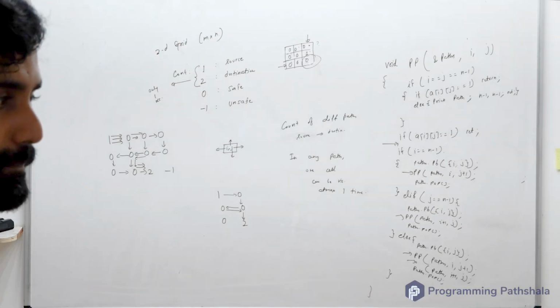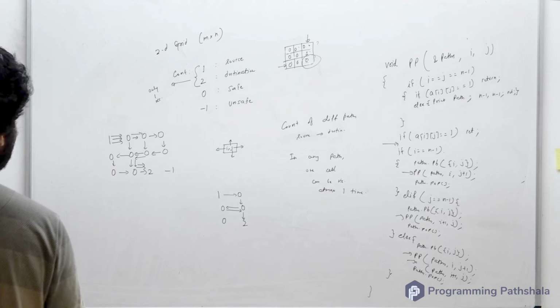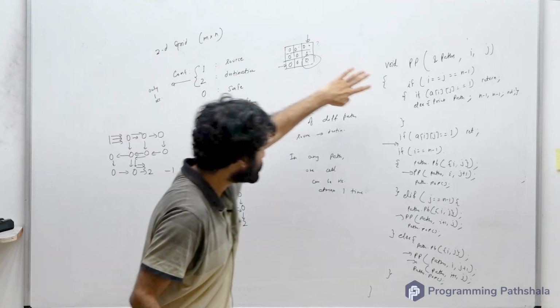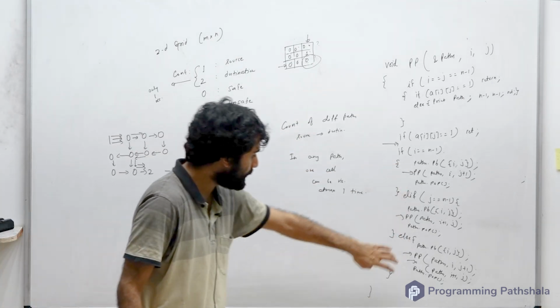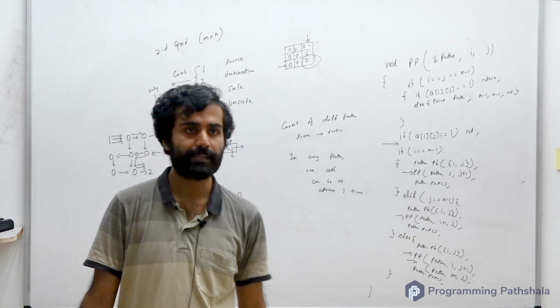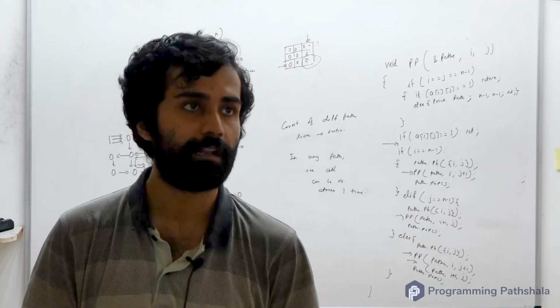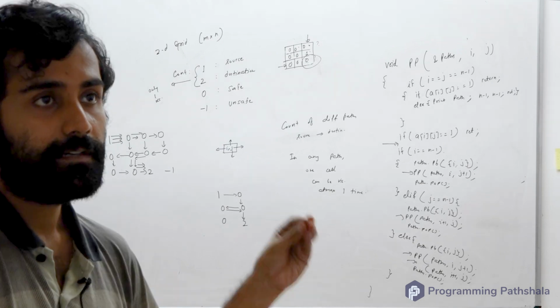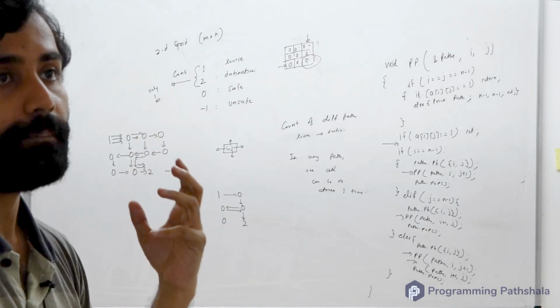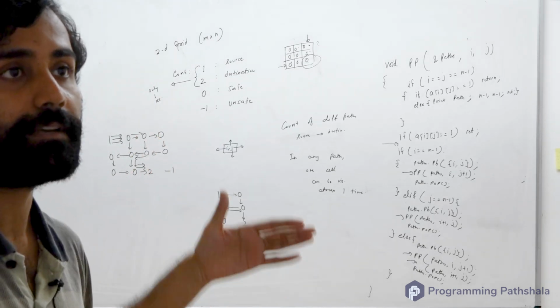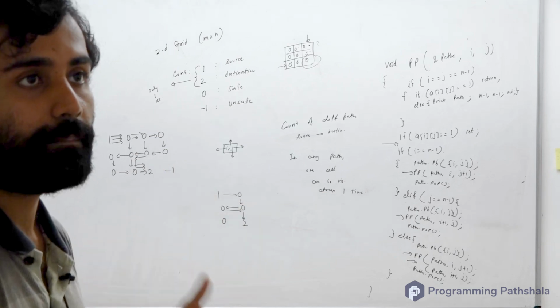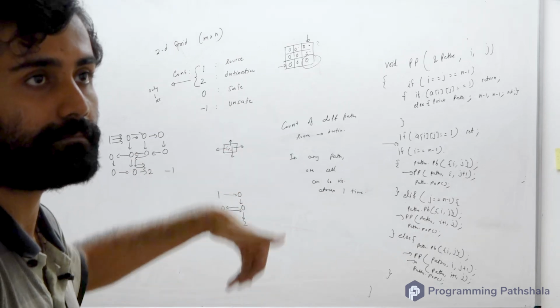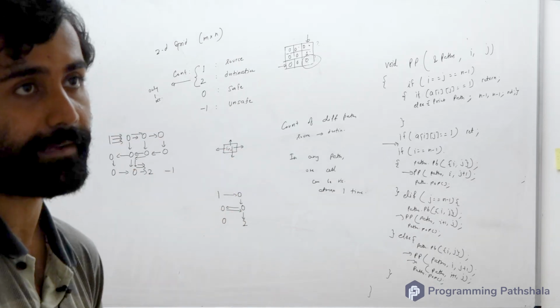Coming back to an approach that some of you quoted, some of you said that I can simply replace this code by making 4 calls at maximum. What will be the problem with that approach? I want you to think of it. In the last question, my set of moves was restricted to the right move and bottom move. But here it is right, bottom, left, top, everything.